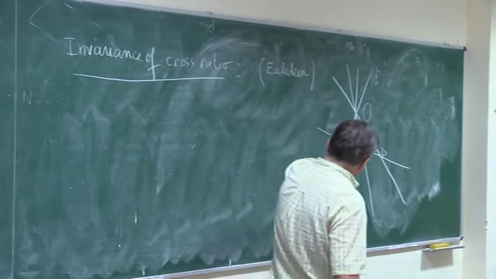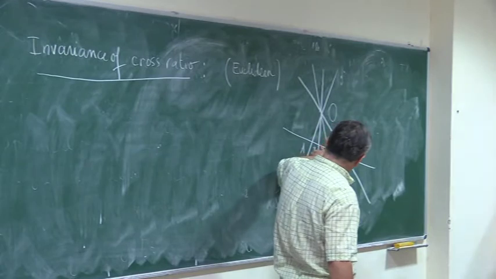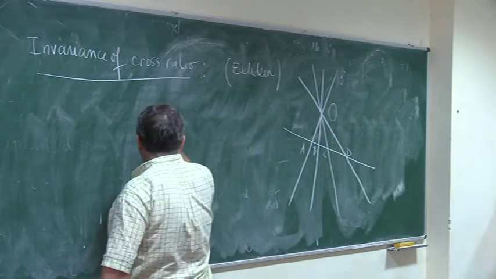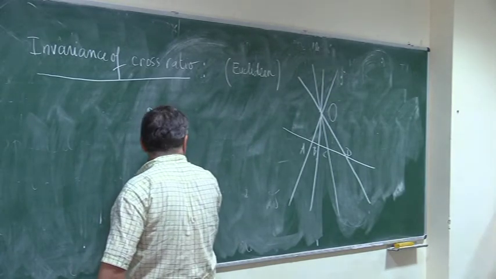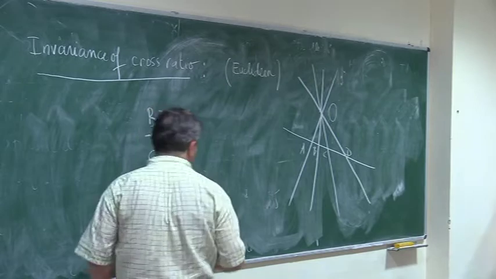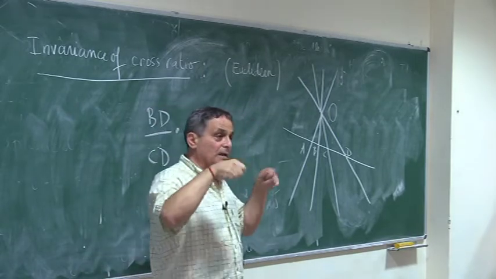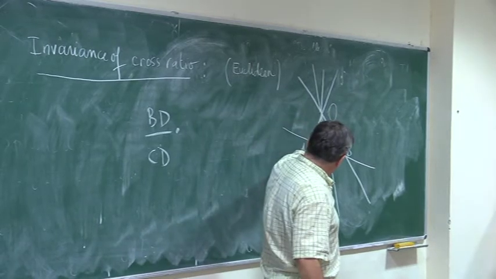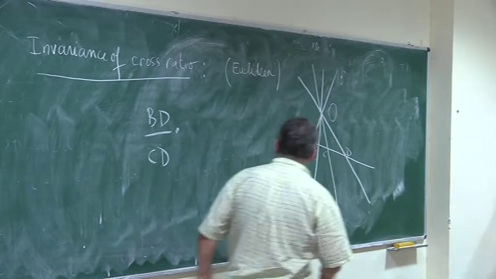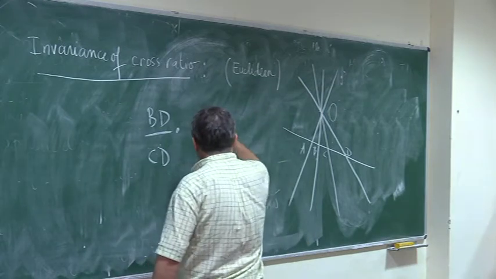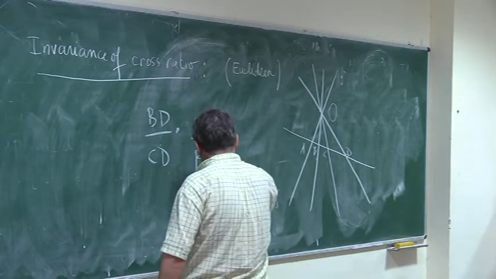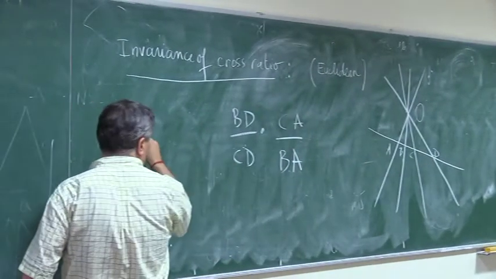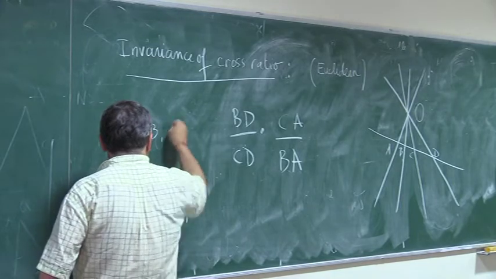It is BD divided by CD, multiplied, remember we had logarithms and so on, by CA divided by BA. This is the cross ratio of ABCD.